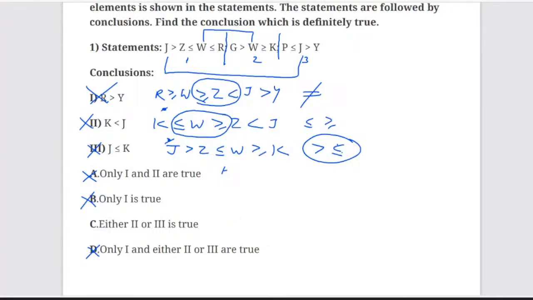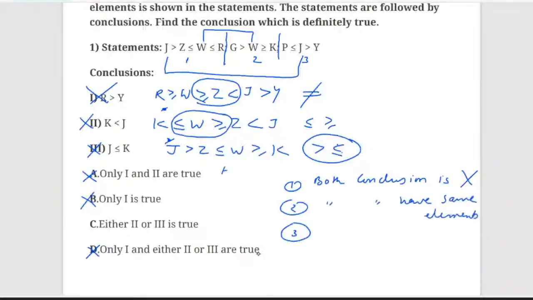Now, we have three conditions. First condition, both conclusions are wrong. Both conclusions have same elements.